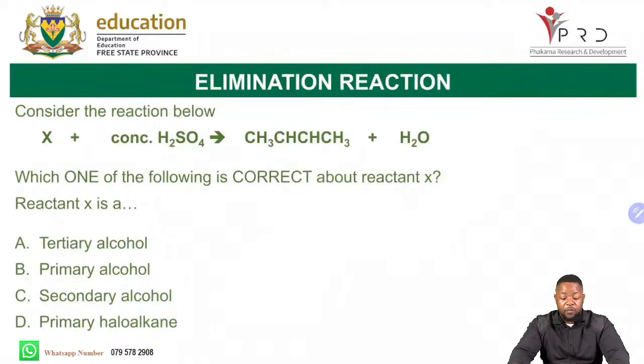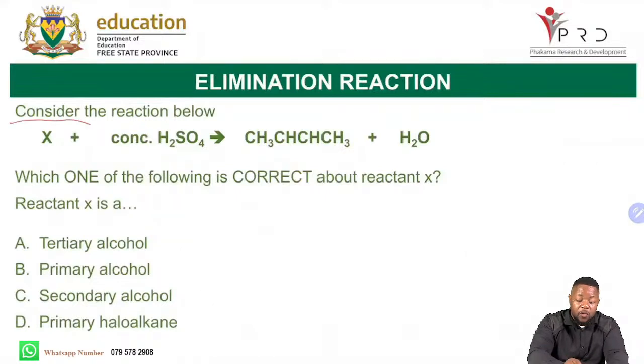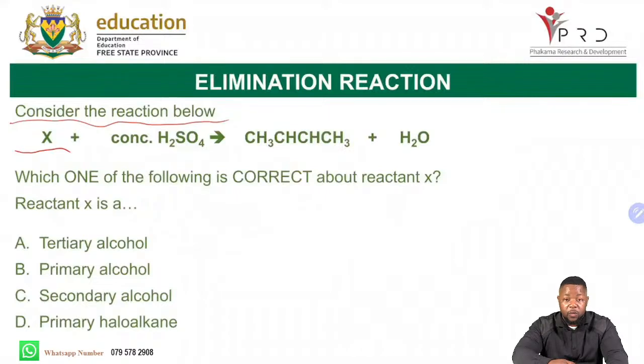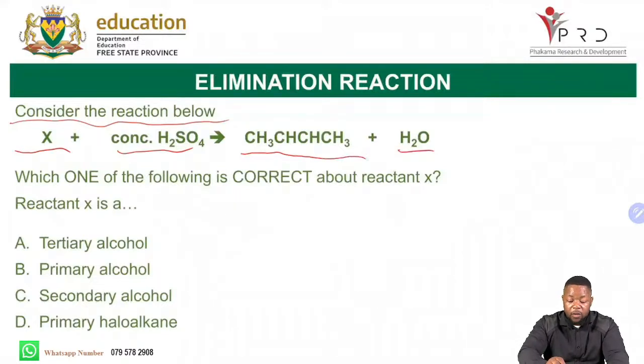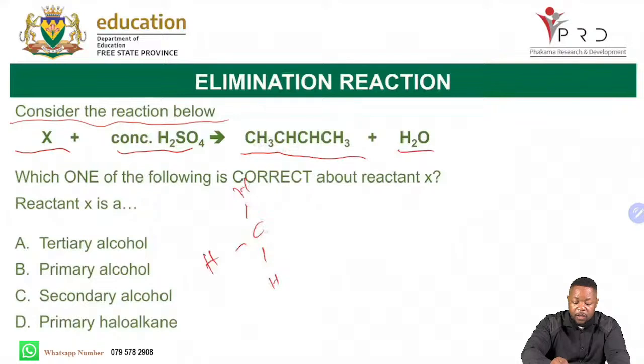Okay, let's carry on. We are looking now at the elimination reaction. We are going to consider the reaction below where a compound X is treated with concentrated sulfuric acid, and the products that we get here are CH3CCH3 and water. So now, if you look at this molecule here, if we try to draw it, you must be able to see that this molecule here should be unsaturated.